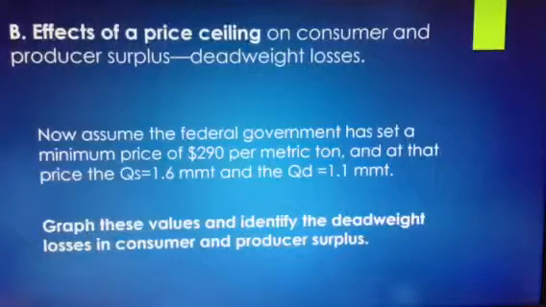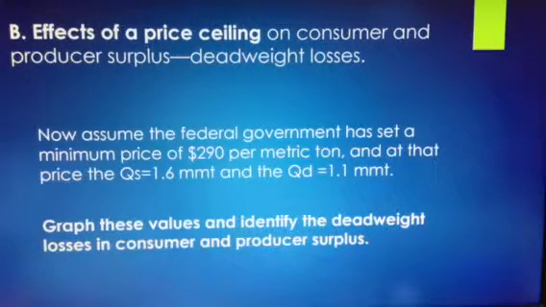But let's say the federal government believes that farmers aren't making enough money at $250 per metric ton, so it says no, the minimum price at which sorghum can be sold is $290 per metric ton. And at that price, the quantity supplied equals 1.6 million metric tons, but quantity demanded is only 1.1 million metric tons.